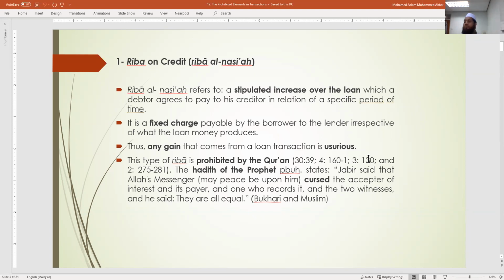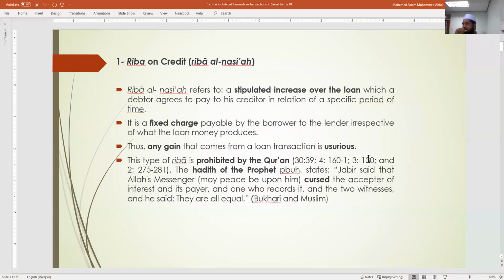But if you pass the specific period of time, then you have to increase the money. So now that increasing of the money becomes what? It becomes haram because it is called riba. All right.